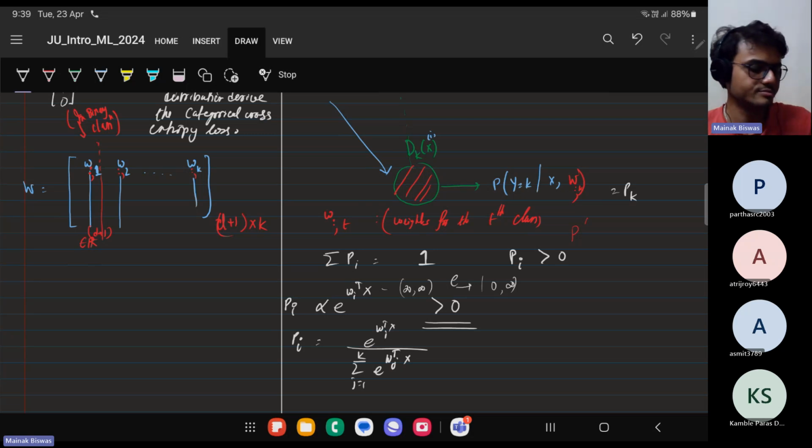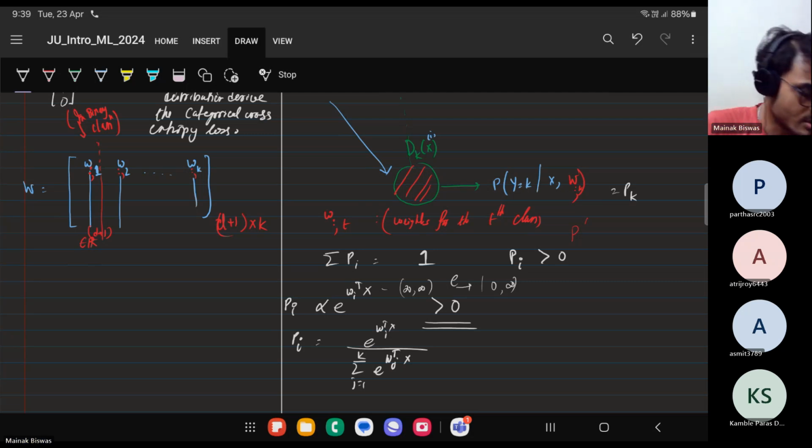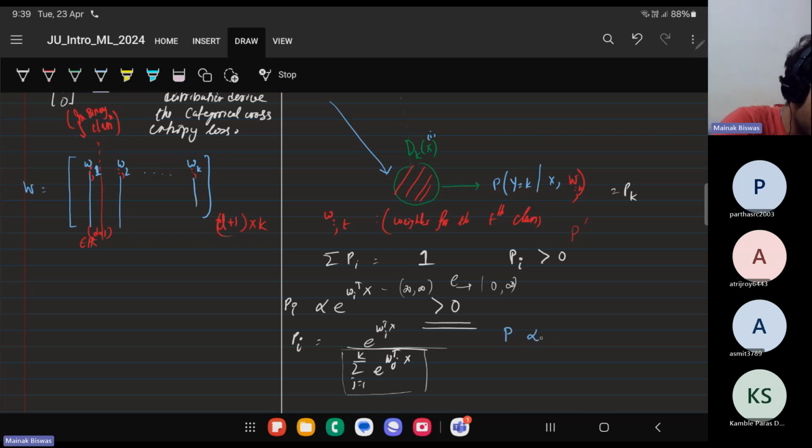Is this clear? The probability of the ith class will be nothing but this. This is the scaling factor, yes or no? Since the sum will always be 1, to ensure that.